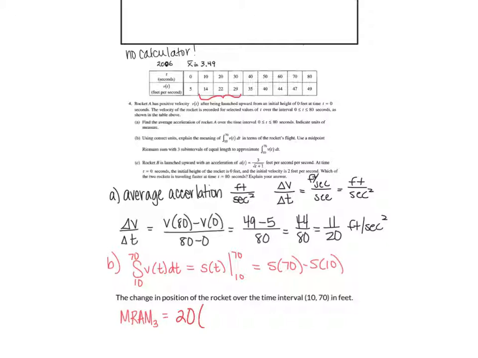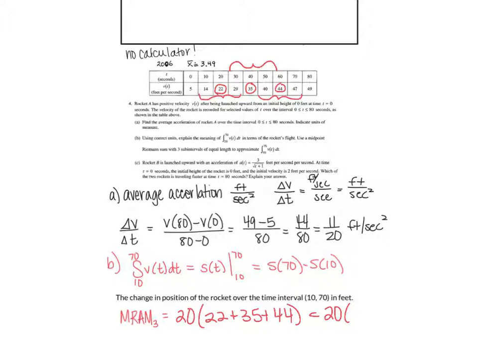And the midpoint would be using 22. Then from 30 to 50, we would use 35. And then from 50 to 70, we would use 44. And remember, this is no calculator.